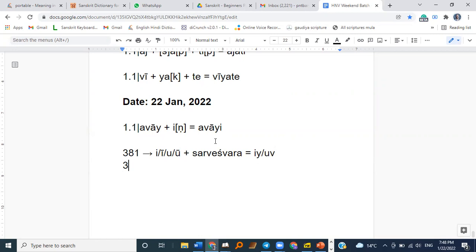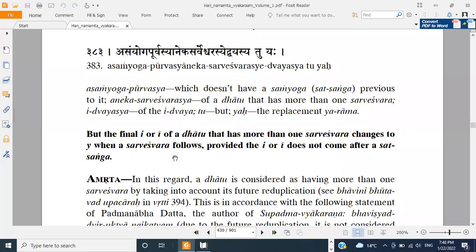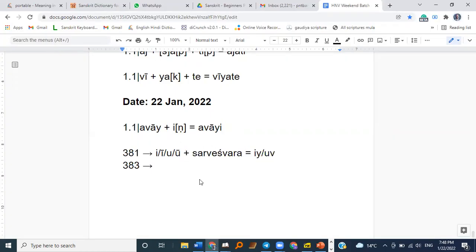Then 383 says that if Asanyoga Purvasya Aneka Sarveshwarasya, if we have a dhatu which is Aneka Sarveshwara.